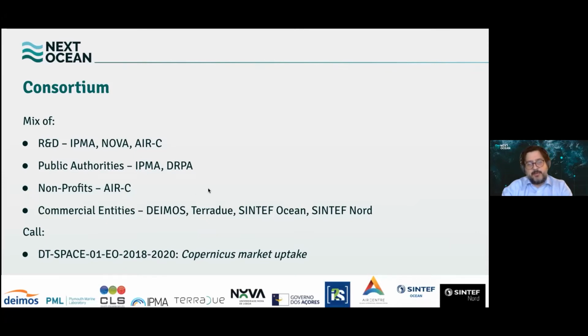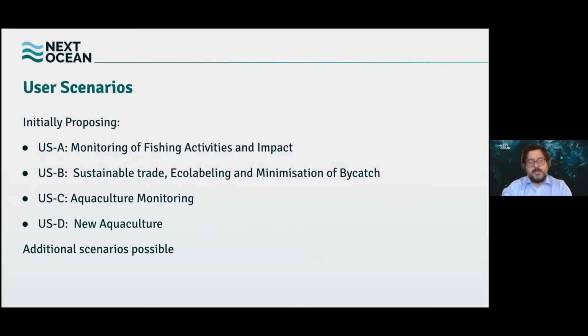We have public authorities on fisheries and agriculture side, non-profits, and several companies that will push to have the services and the algorithms available to a wider audience on a commercial or possibly non-commercial side.